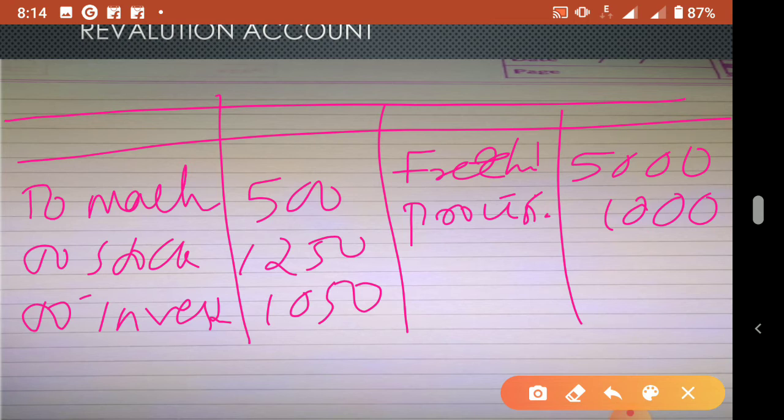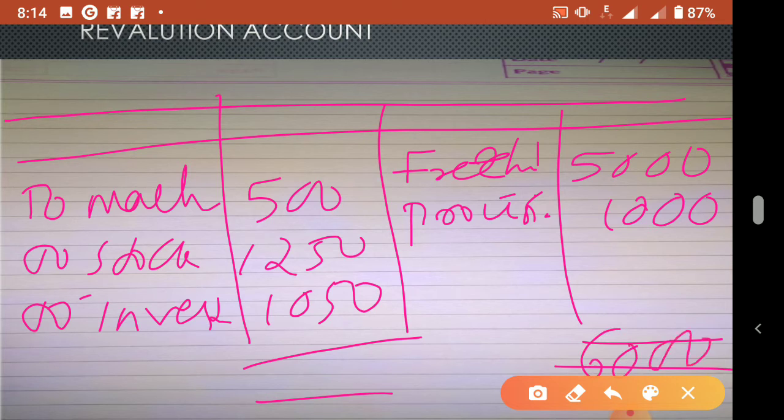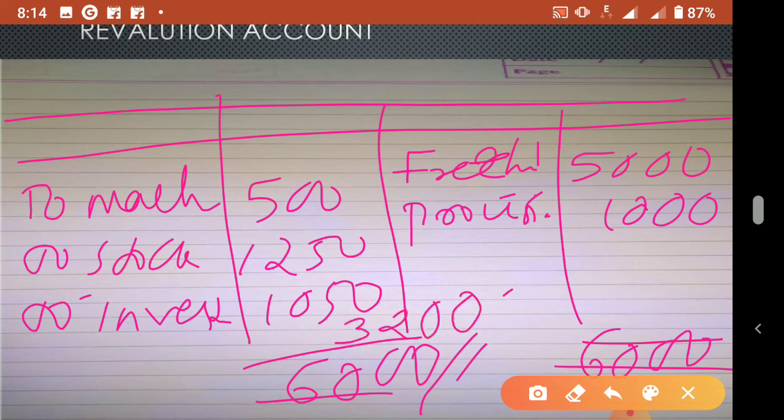After putting this, you see which side is more, as in the usual ledger balancing. This side is more: 6,000. This side how much? 1,000, 2,000, 2,750, 2,800. So we'll minus 2,800 from 6,000. So we'll get 3,200.